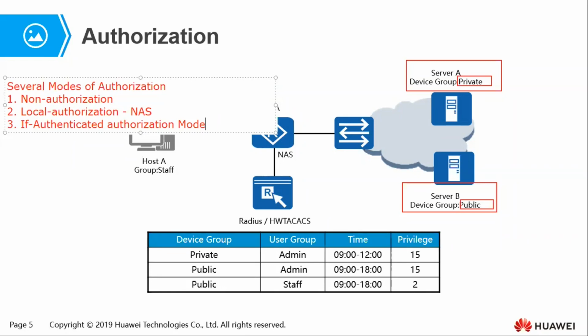And therefore, it is recommended that non-authorization is configured as the last, so that if the remote server is down, then you're not going to have remote authorization. If the local server is down, then you're not going to have maybe local authentication or authorization like that. So you need to configure the non-authorization mode as the last one.